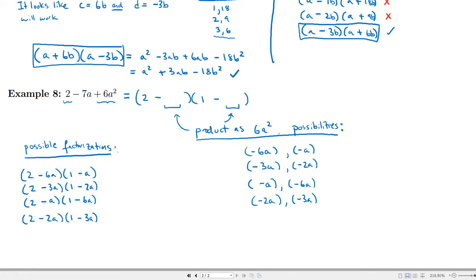And to check this, you just have to multiply them out and see which ones are going to work.